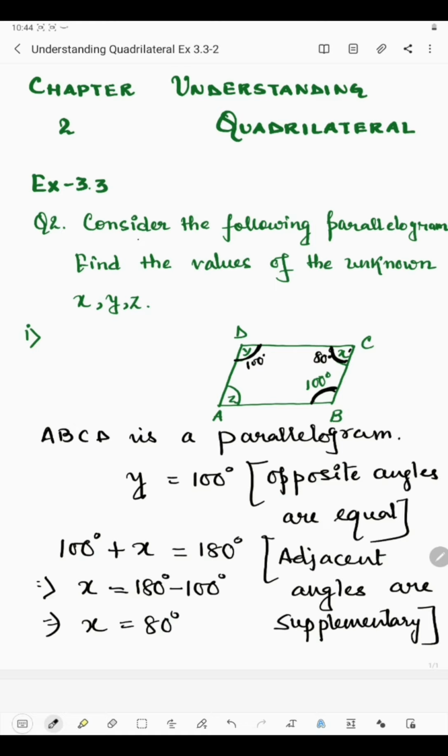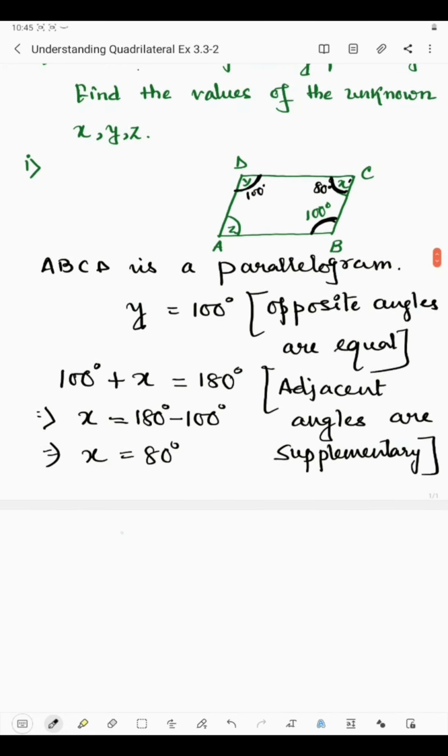Now again, angle x and angle z are opposite angles. So if angle x is 80 degrees, then angle z also will be 80 degrees, as these are opposite angles. So we'll write angle x is equal to angle z, as opposite angles are equal.